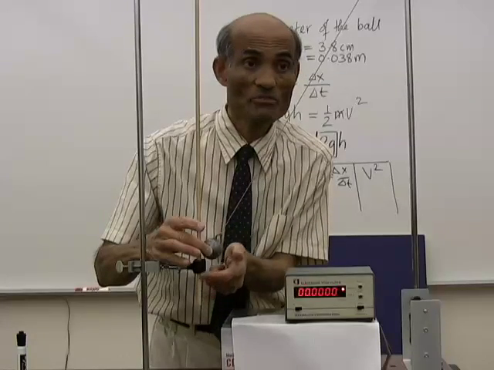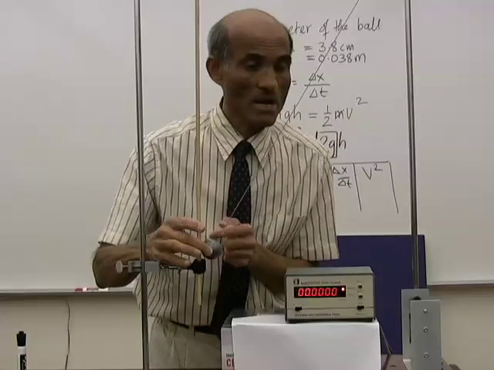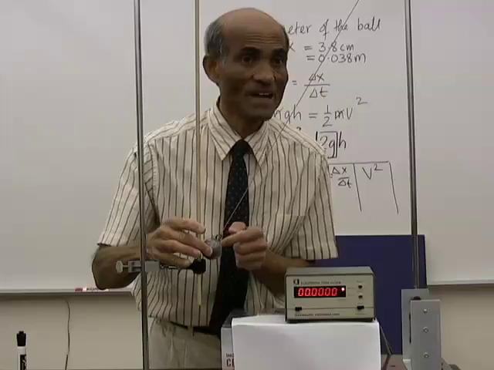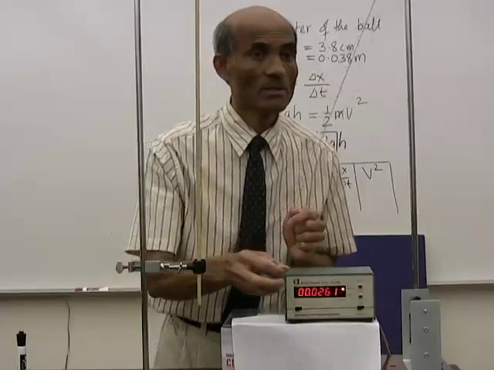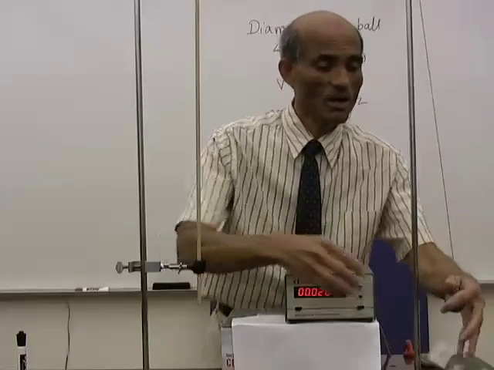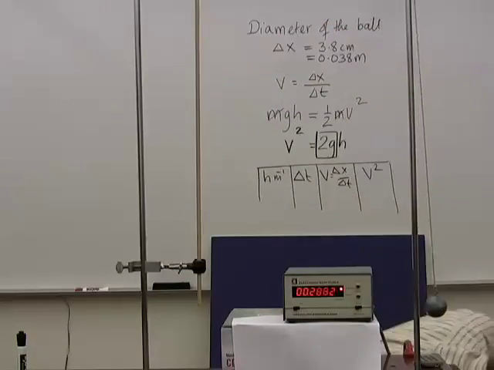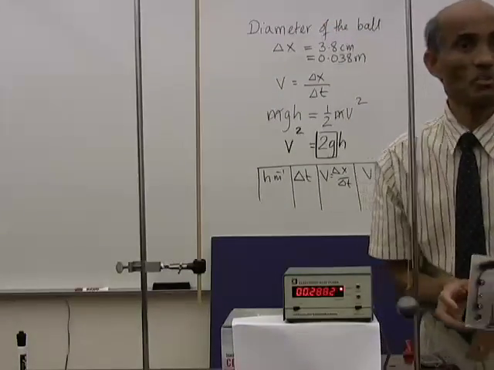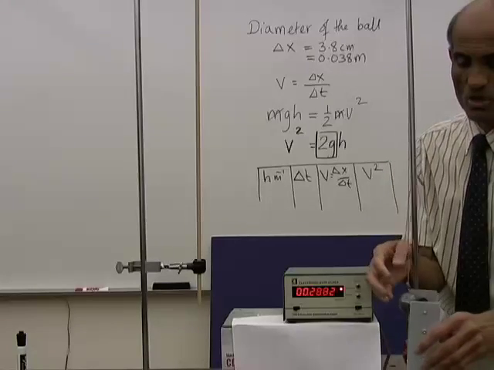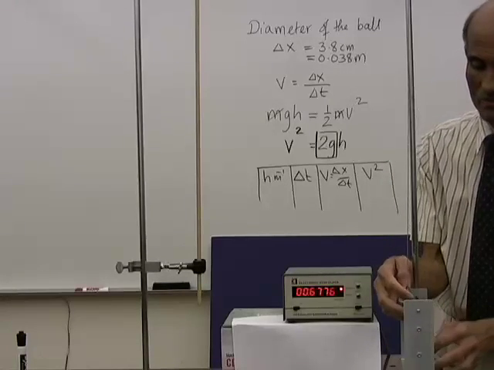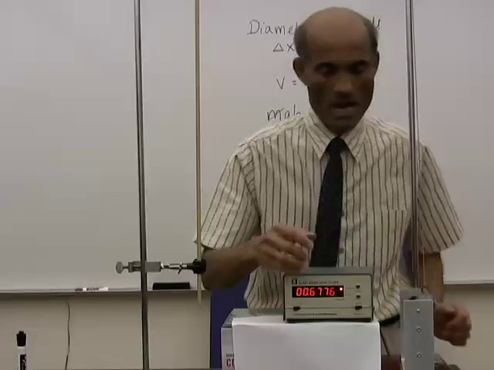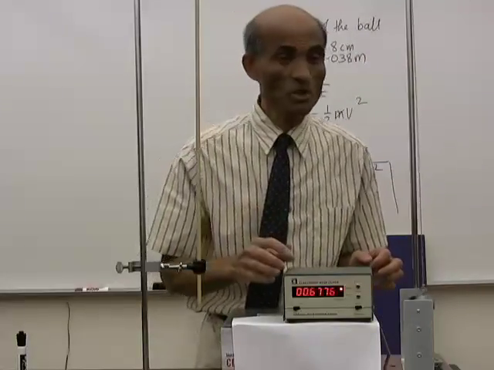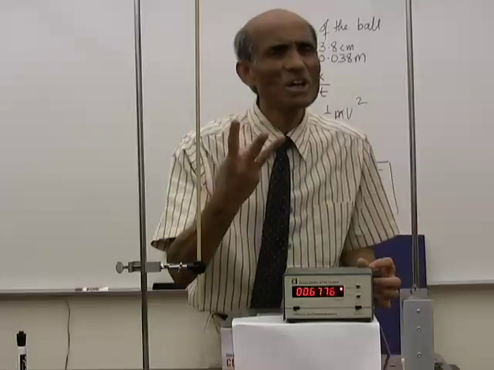And you have measured it. Okay, I'm going to leave it, measure the value of delta t. Now, what is the value of delta t? Delta t is 0.0029, I think. Is that right? 0.0029.